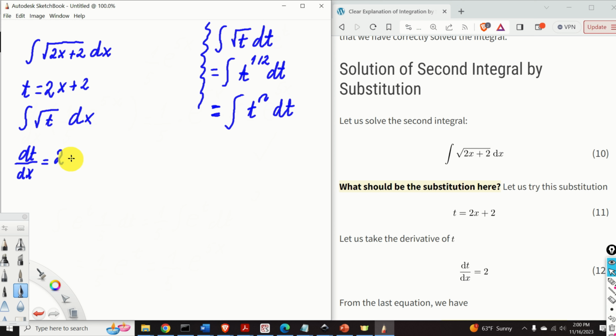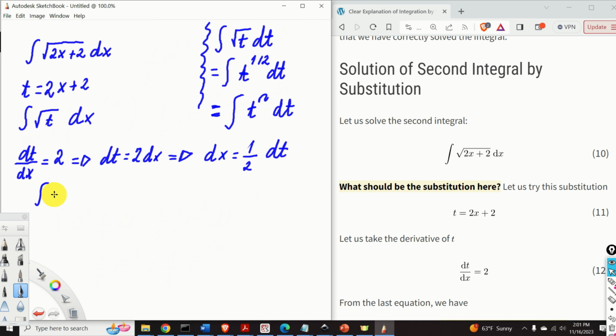Consequently, from this expression, we obtain that dt is 2 dx, or from here, dx is 1/2 dt. Perfect. Let's substitute dx in this equation.